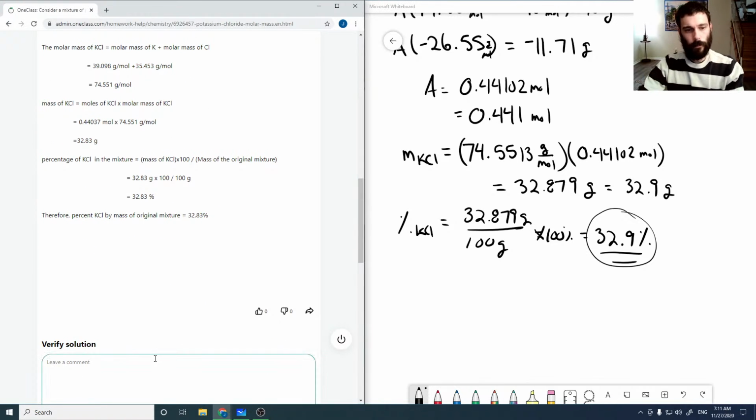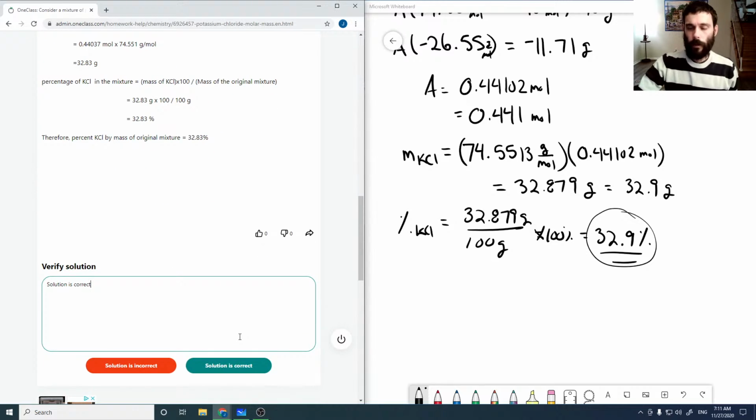I would say the solution is correct. They just went a slightly different path by calculating the other constituents as well, but I don't think that was necessary.